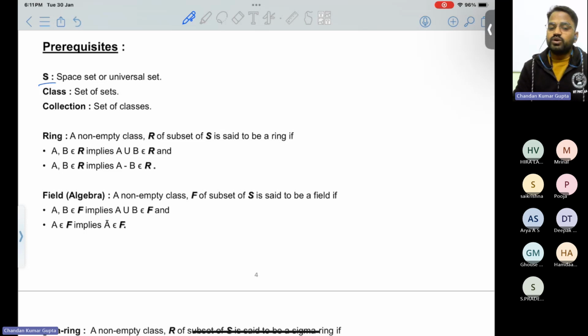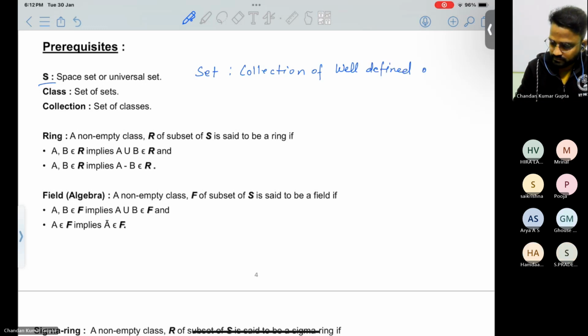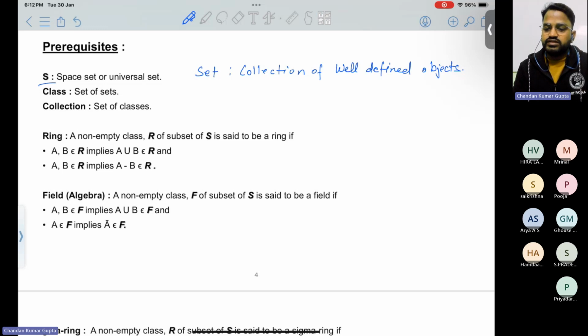All the set theory laws are applicable here. What is a set actually? It is a collection of well-defined objects. All the laws that we use in set theory are also applicable in probability theory.